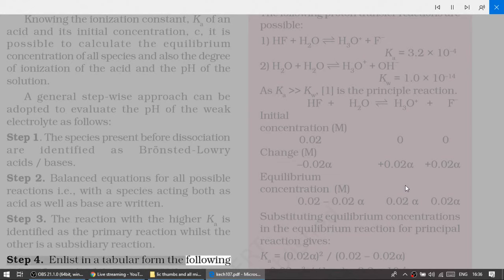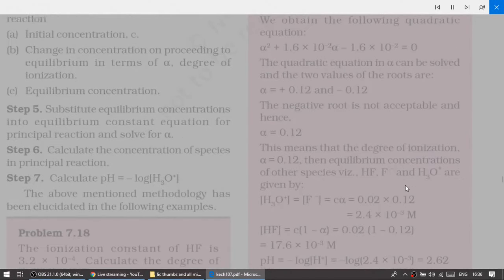Step 4. Enlist in a tabular form the following values for each of the species in the primary reaction: A. initial concentration, B. change in concentration on proceeding to equilibrium in terms of alpha, the degree of ionization, C. equilibrium concentration. Step 5.